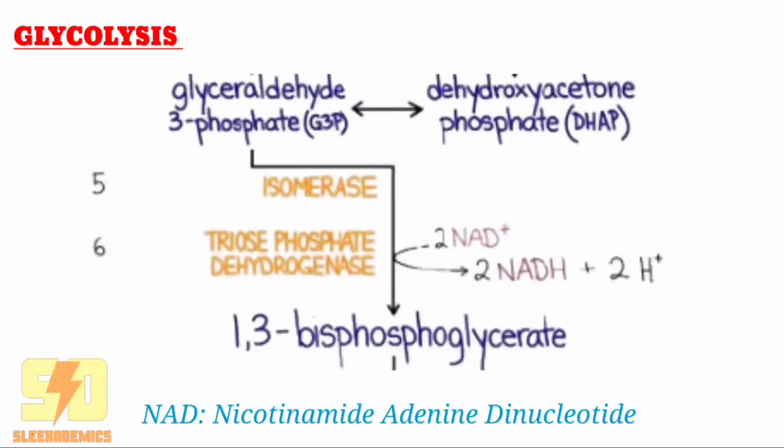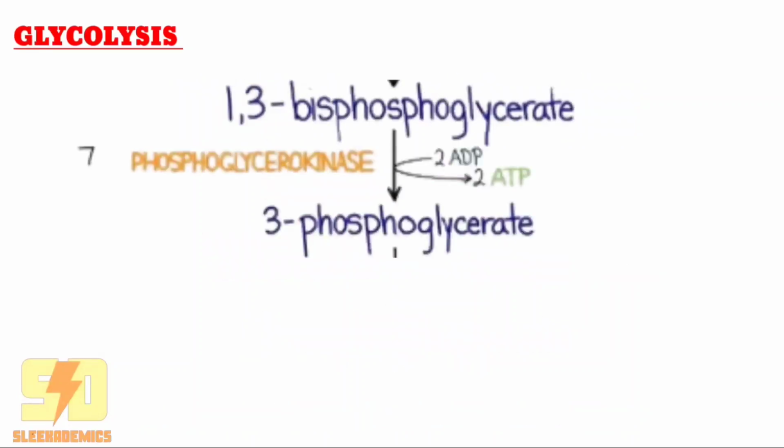This is achieved by NAD+, known as nicotinamide adenine dinucleotide, further stealing electrons, that is getting reduced from NAD plus to NADH. Remember, we now have 2 glyceraldehyde 3-phosphate, which is why we have 2 NAD plus being reduced to 2 NADH and 2 hydrogen atoms.